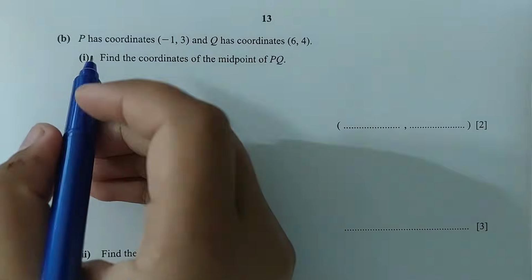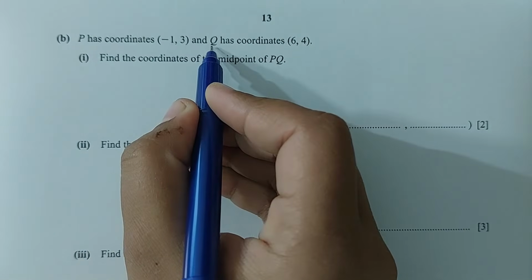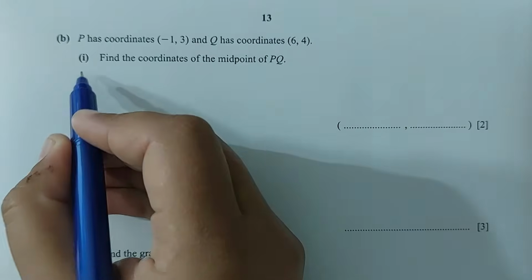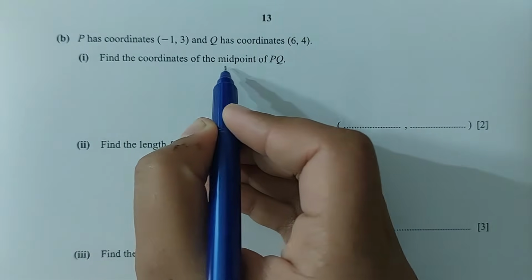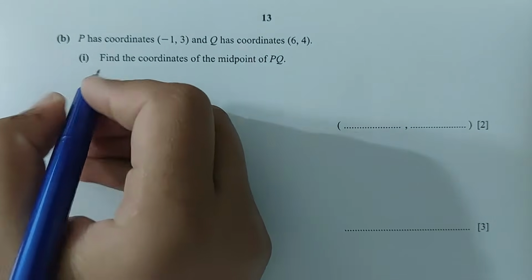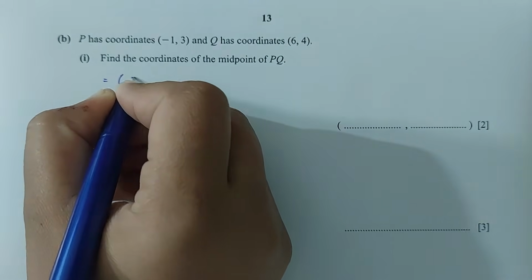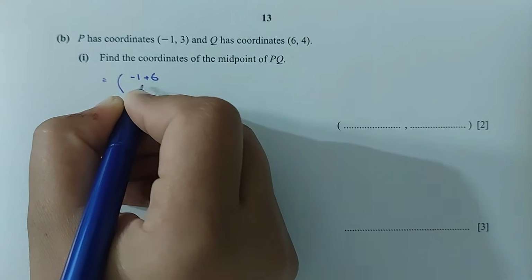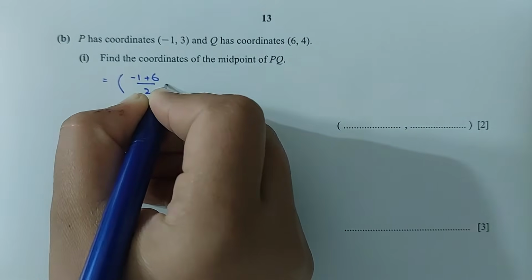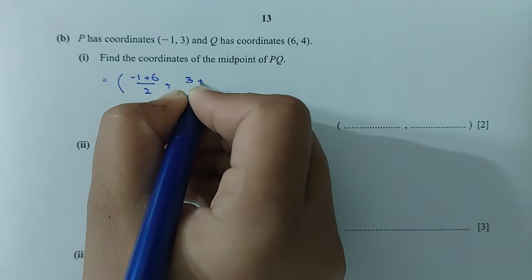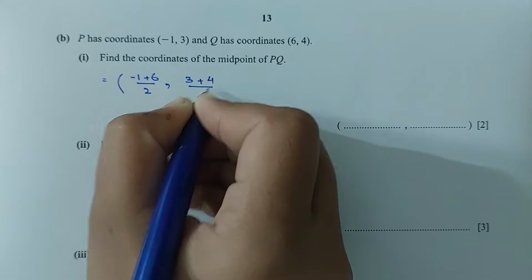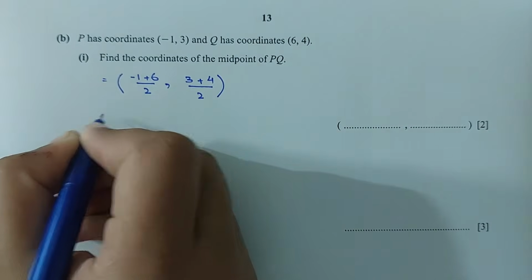Now for part B, P has coordinates (-1, 3), and Q has coordinates (6, 4). Number 1, find the coordinates of the midpoint of PQ. So the midpoint of PQ, adding the x coordinates and dividing by 2, (-1 + 6) divided by 2, and adding the y coordinates, (3 + 4) divided by 2. This would be the midpoint.